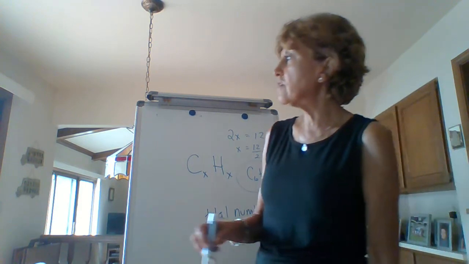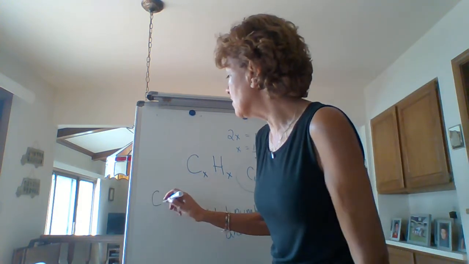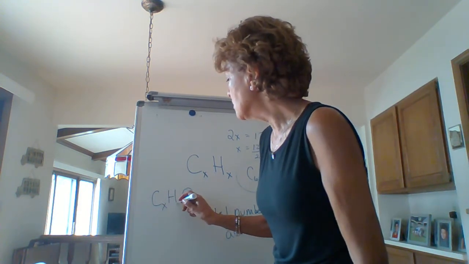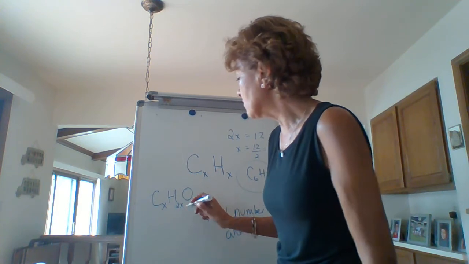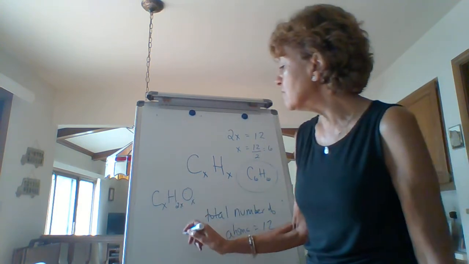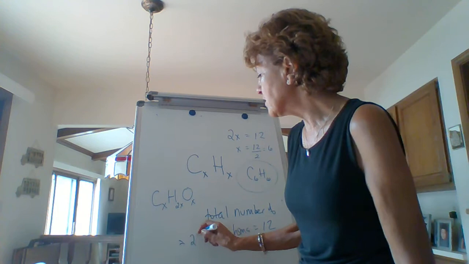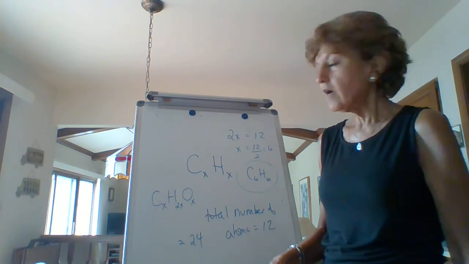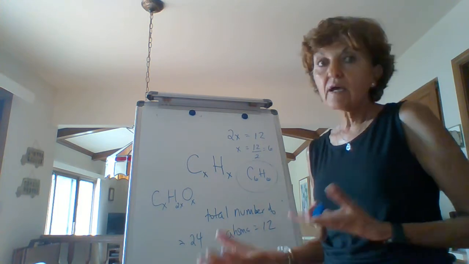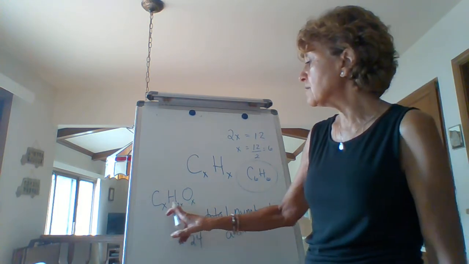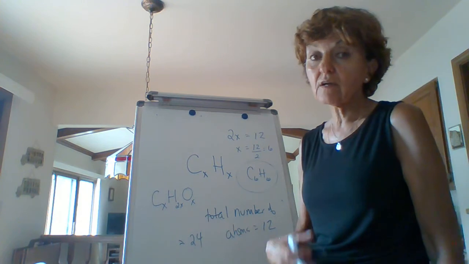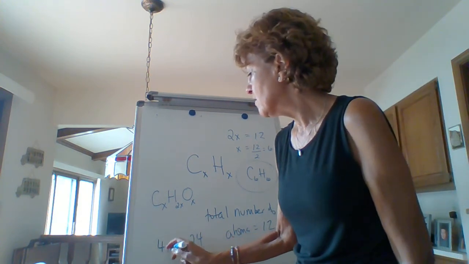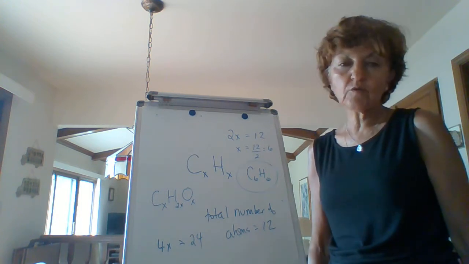Let me try to find another one. This is another typical one that they love to do. The glucose one. You have X, 2X, and then X. And then they tell you all of this is equal to 24. So what you need to do is figure out, all right, what is X? So this is 2X and X and X, so this is 4X. 4x is equal to 24.